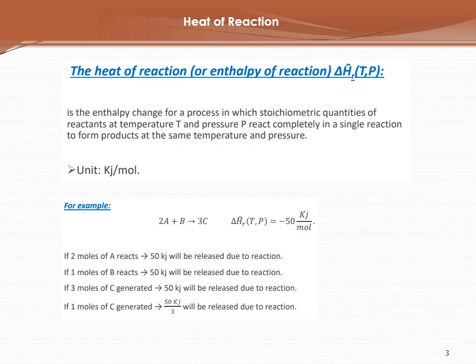And if 1 mole of C were to be generated, then you get 50 over 3, which is approximately 17. So 17 kilojoules will be released due to the reaction. In that context, we can also say that 1 mole of A, when reacted, will release 25 kilojoules per mole.